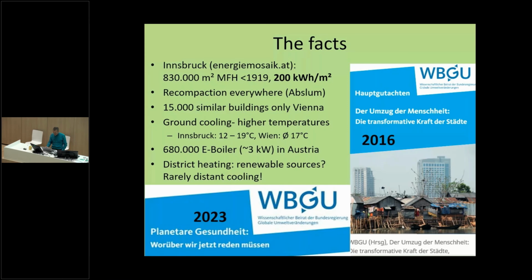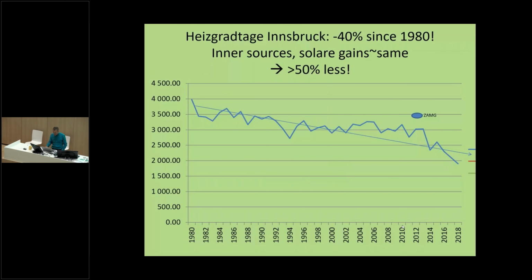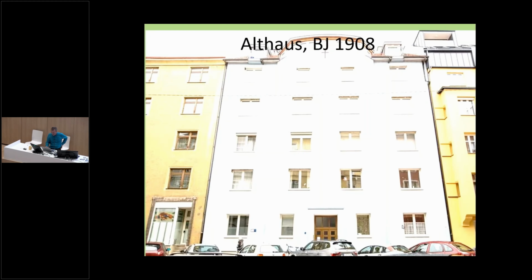Okay, here you see our demand shrinks, not only because we do more insulation. I think the main cause for a shrinking heating demand is warmer winters. That's my house. You can see the facade to the street.